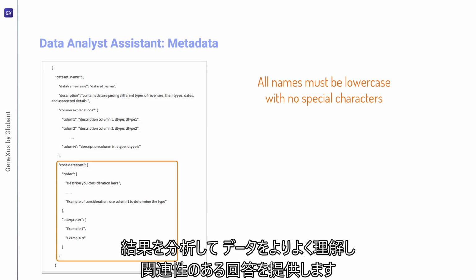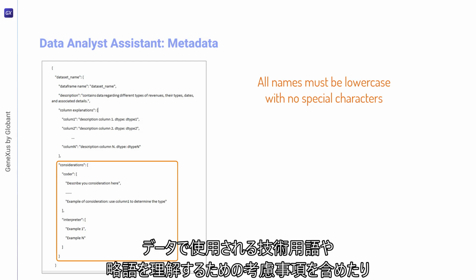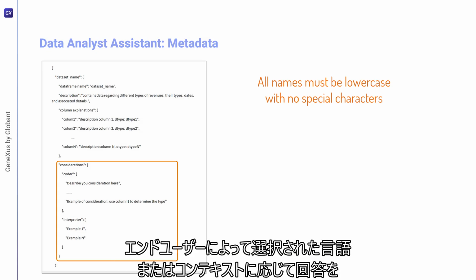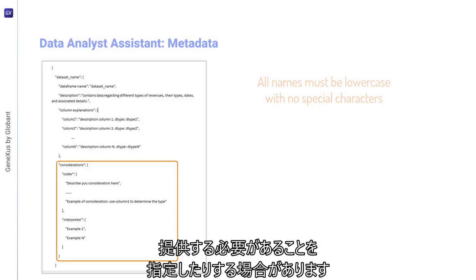It analyzes the results to better understand the data and provide relevant answers. It may include considerations for understanding the technical terms and abbreviations used in the data, as well as specifying that the answers must be provided in the language selected by the end user, or according to the context.